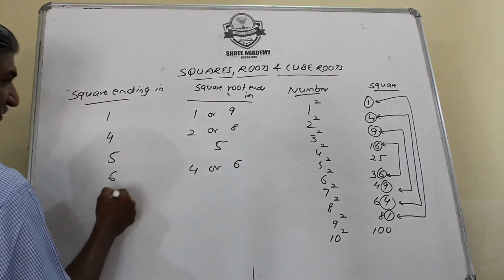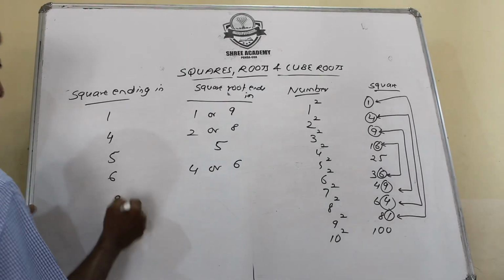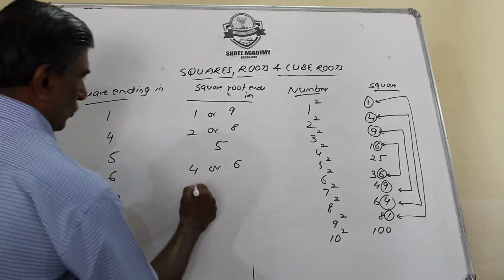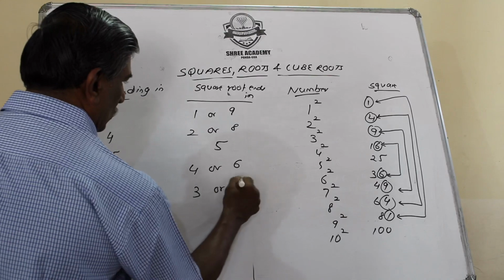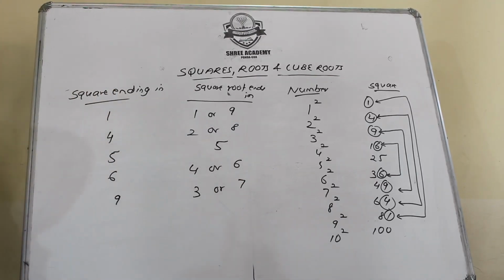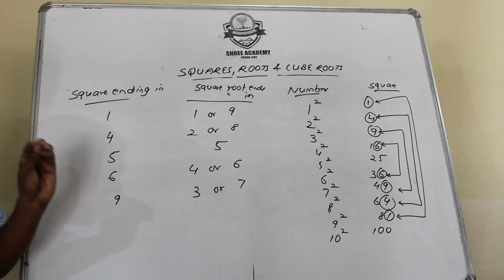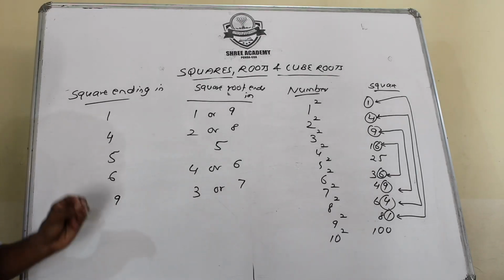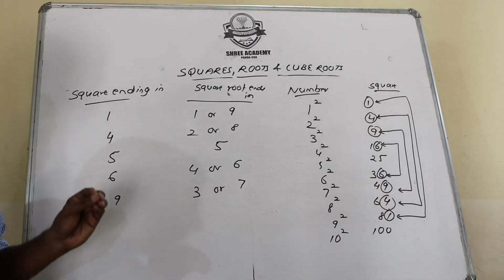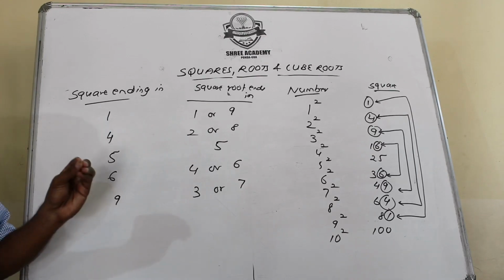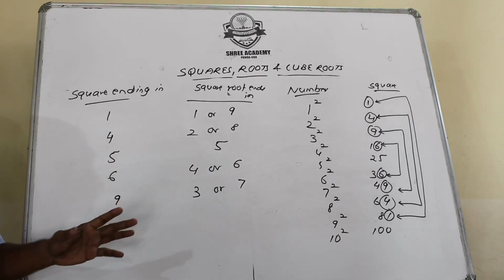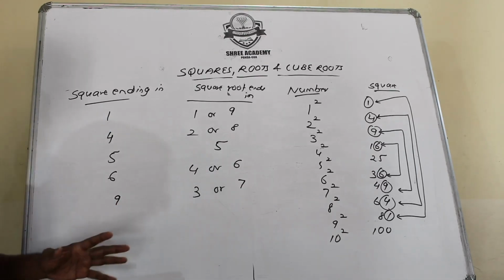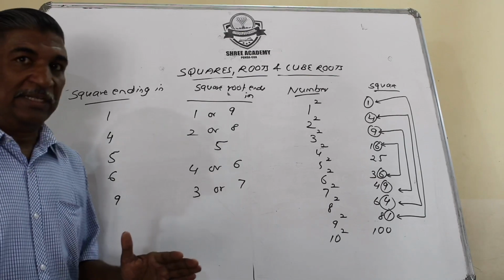A square ending in 7 and 8 will never come. When a square ends in 9, the options are 3 or 7. Now friends, when you see this carefully and observe this, memorize this, you can find the square roots of 4, 5, 6 digit numbers within, according to me, 5 seconds. If you are faster, you can even do it in 2 or 3 seconds. Thank you.